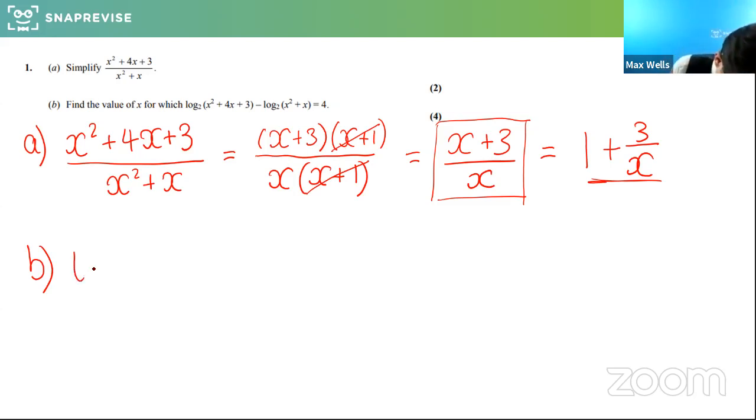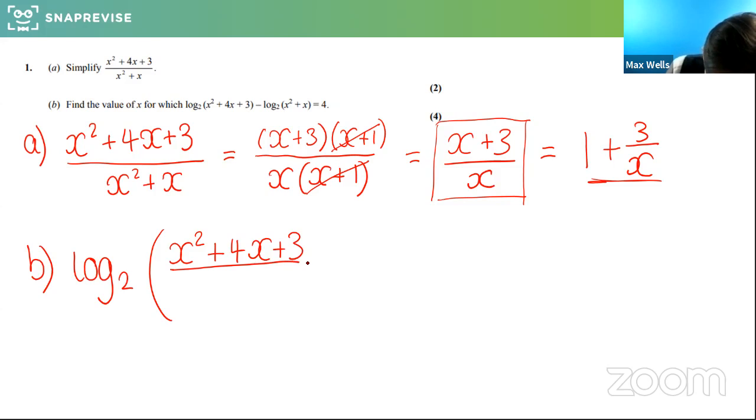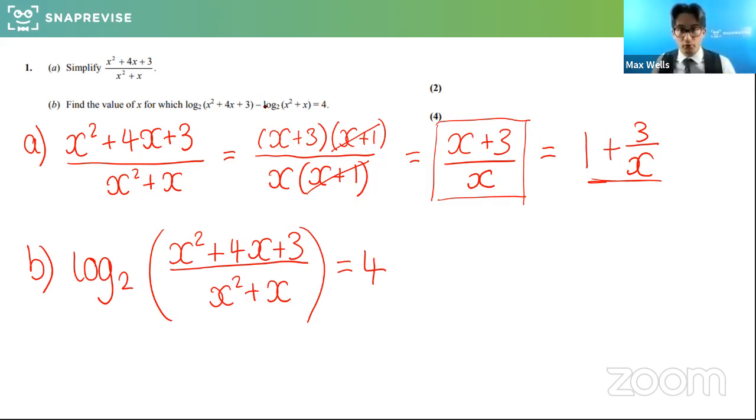So we can get that as log 2 of 4x plus 3 over x squared plus x. Hopefully everyone recognizes that the subtraction of logarithms turns into a division problem. And we also know from part A that this is the same.